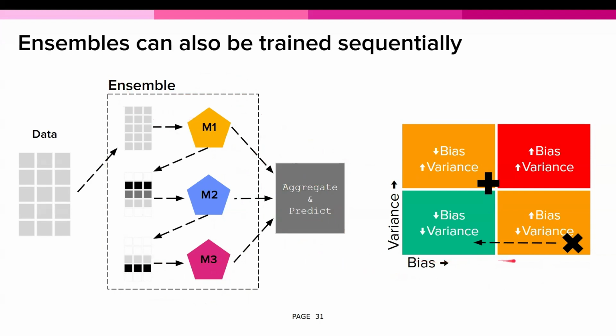So we're starting with base models that are weak, also called weak learners. So these are very biased estimators. But then by building this kind of chain, we're going to create an ensemble that reduces the bias.